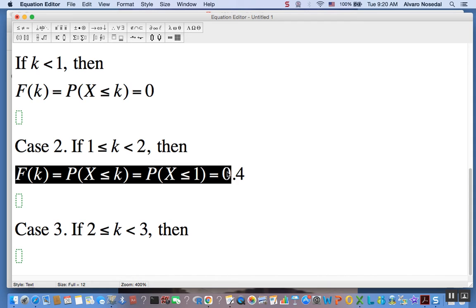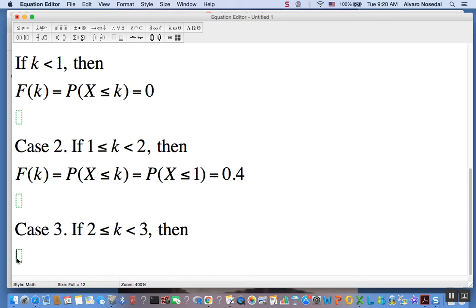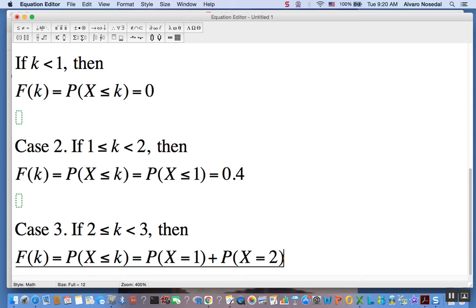Again, we will use the definition. Uppercase F at k is just the probability that the random variable x is less than or equal to k. So for instance, if we had that k was 2.2, the probability that x is less than or equal to 2.2 is the probability that x is equal to 1 plus the probability that x is equal to 2.